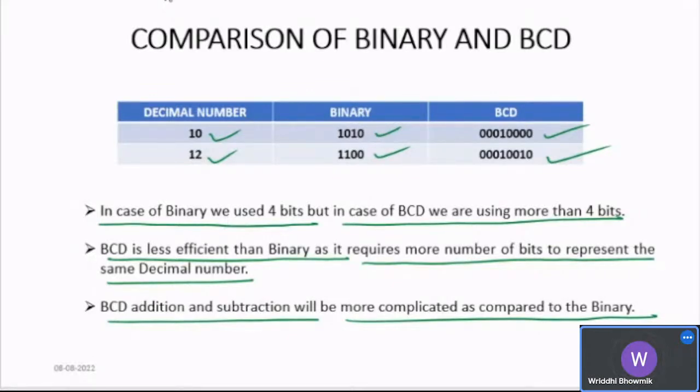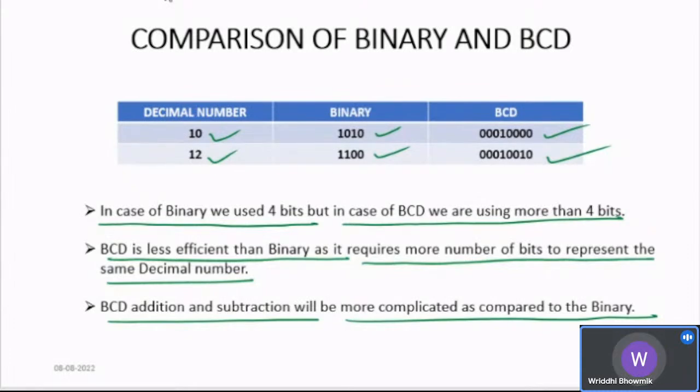First thing, less number of bits are required to represent the decimal number in binary compared to BCD. From this table, you can easily understand when you have a decimal number 10, the binary representation is 1010, it is 4-bit representation, but in case of BCD, it is 8-bit representation.